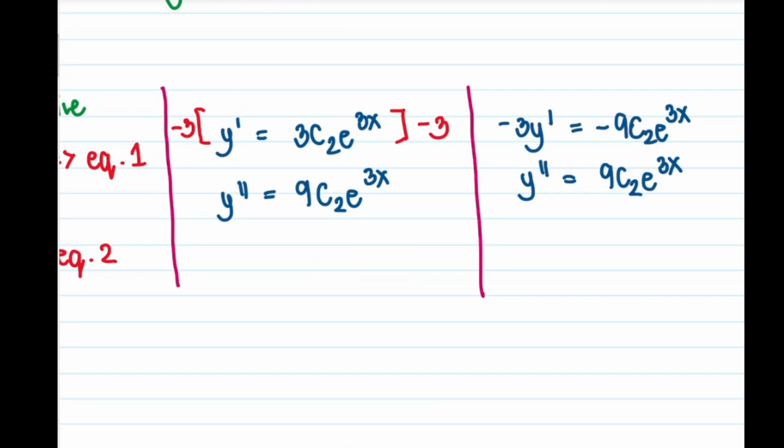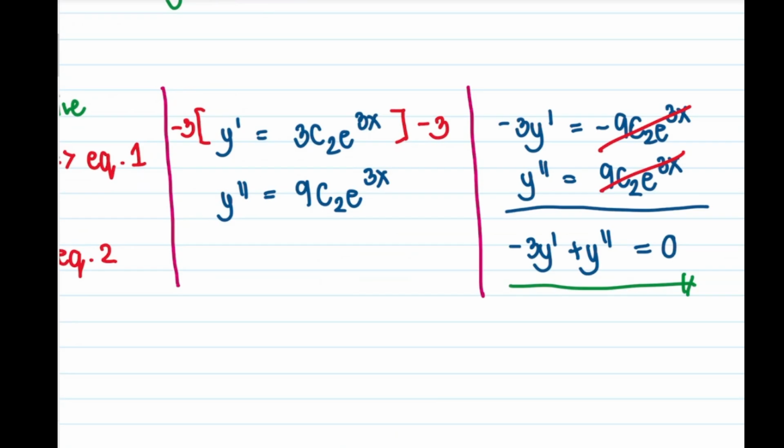So the constants will be cancelled. So therefore, we are now left with this final answer. So that one will be negative 3y prime plus y double prime is equivalent to 0. So this one will be your equation.